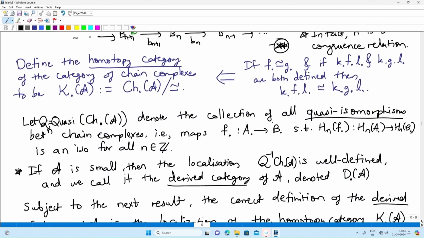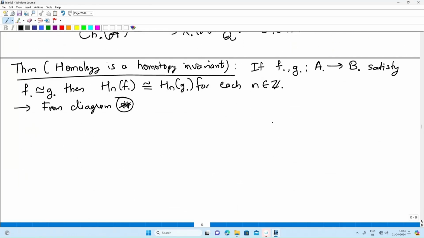We have Gn minus Fn equal to Bn plus 1 Hn plus Hn minus 1 An for all n.